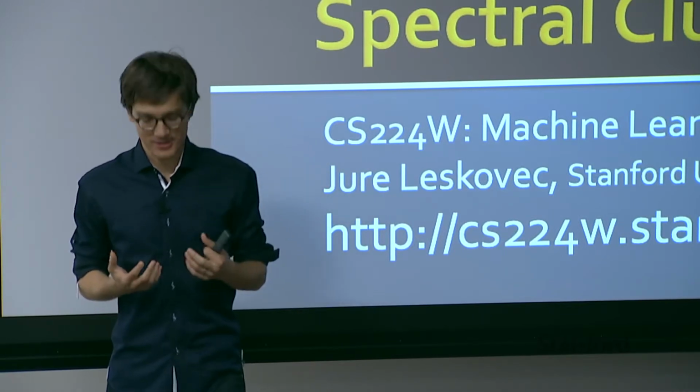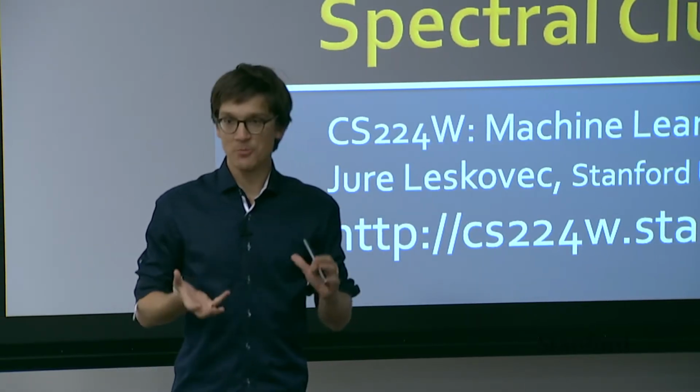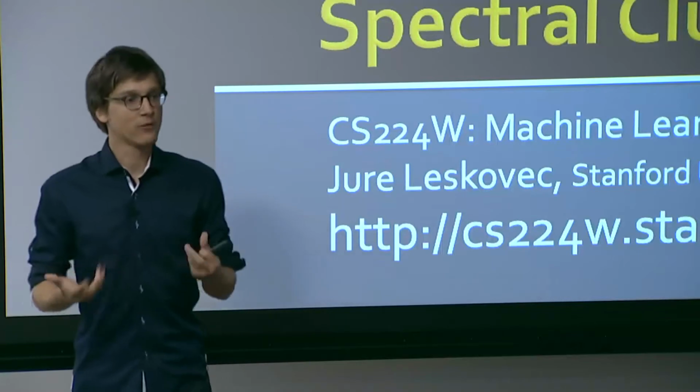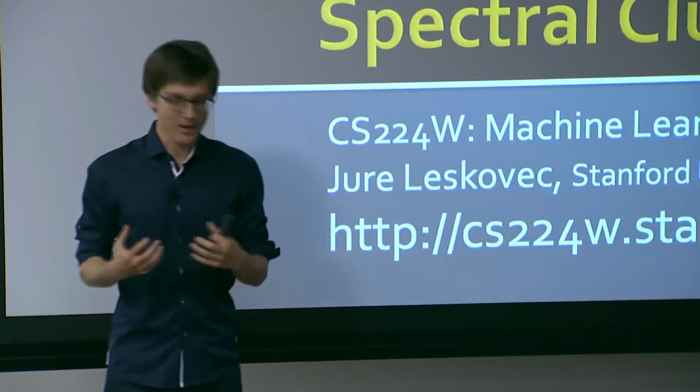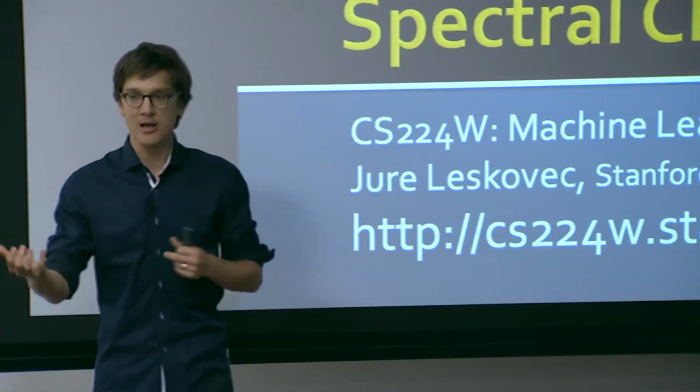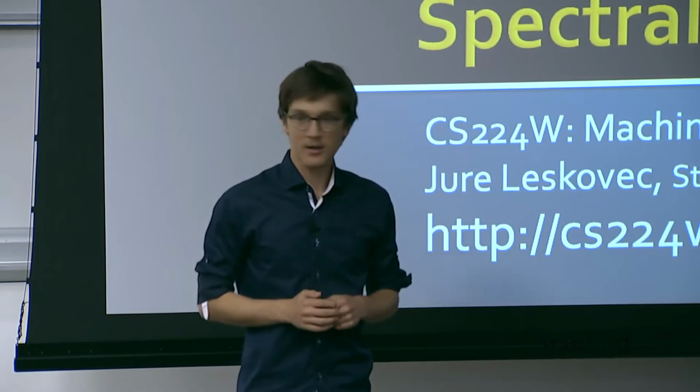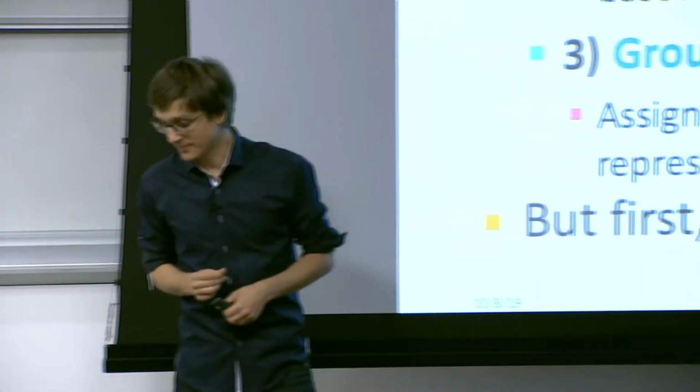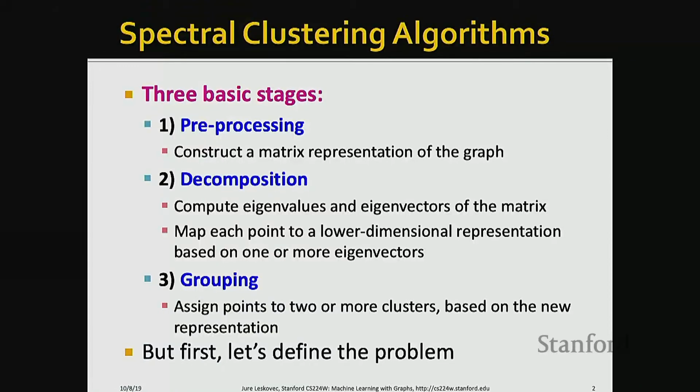Spectral methods mean methods that compute eigenvectors and eigenvalues of the graph adjacency matrix. This will be very fascinating because we'll be using linear algebra to do graph processing. So we'll talk about spectral clustering algorithms, and spectral means that we worry about the spectra of the graph adjacency matrix, which means we worry about the eigenvectors and eigenvalues of this matrix representation of the graph.